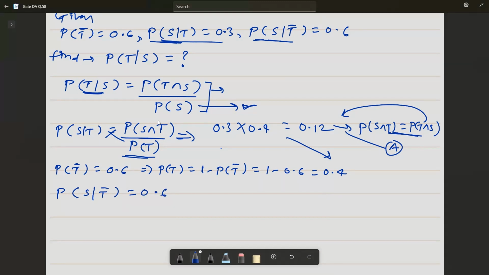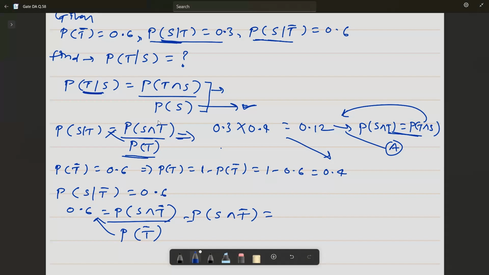So 0.6 is equal to probability of S intersection T complement divided by probability of T complement. It will go here, so probability of S intersection T complement will become 0.6 into 0.6, so it will become 0.36.